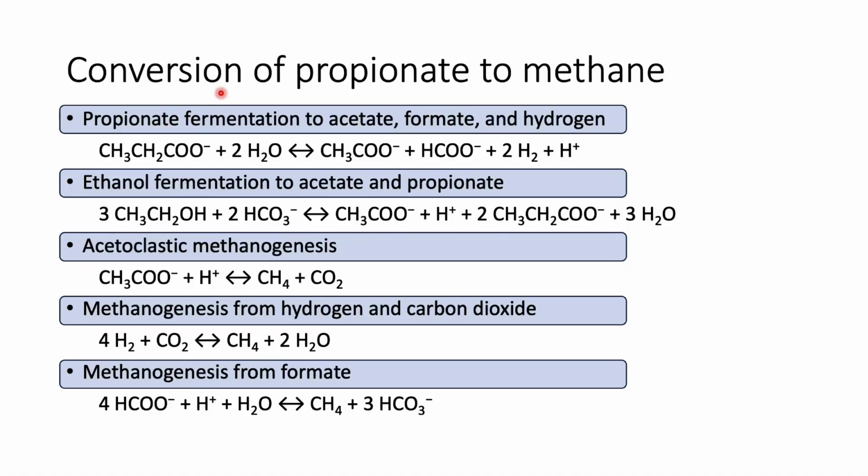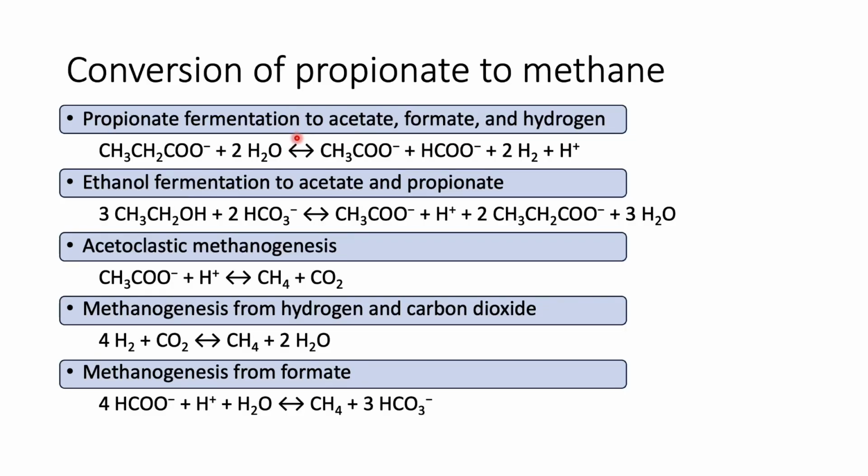And the next set of reactions is the conversion of propionate to methane. We had also seen this in the degradation of organic soil, how the reaction actually takes place. So the first is the propionate fermentation reaction.